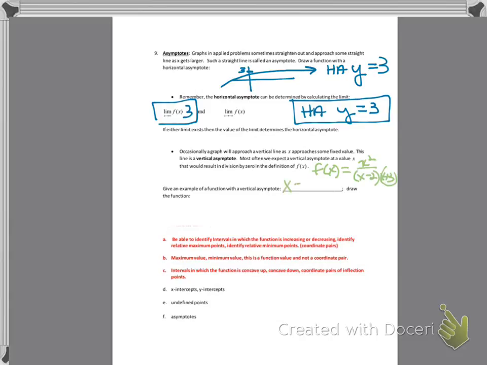One will be at x equals 2, and one will be at x equals negative 3. So this function will not ever equal 2 or negative 3 because there'll be a vertical asymptote in place. So if you have these kind of features, you're going to identify them as part of a way of analyzing a function. So the next page, we're going to summarize everything that we just did.